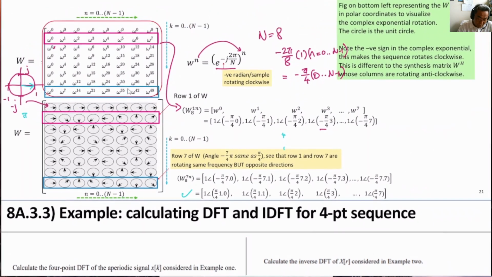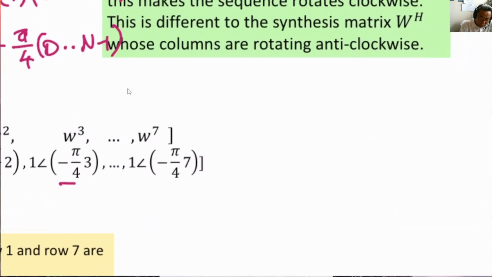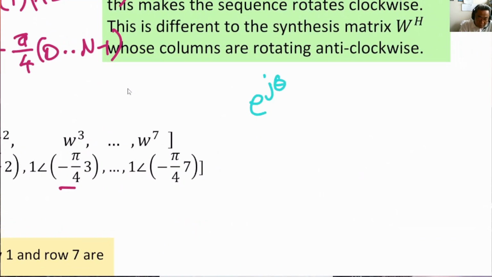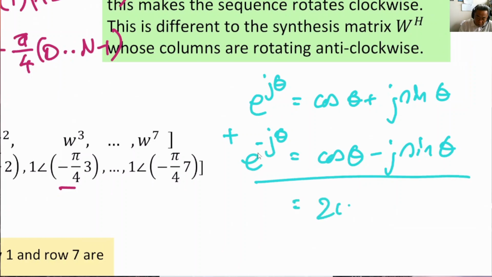Okay, this is quite deep, and it shows you why, for example, let's remember this. e^(j theta) equals cos theta plus j sin theta. e^(minus j theta) equals cos theta minus j sin theta. This guy and this guy are complex conjugates of each other in rectangular form. In the polar form, there's a minus sign here. When we add some numbers with their complex conjugates, out comes only the real value.